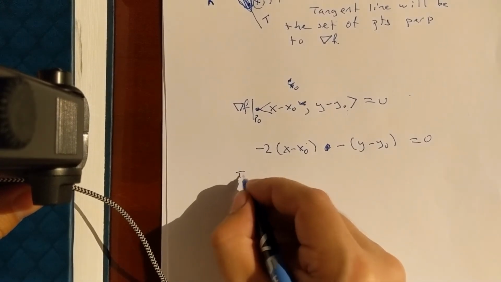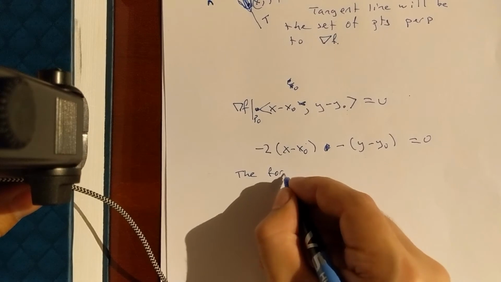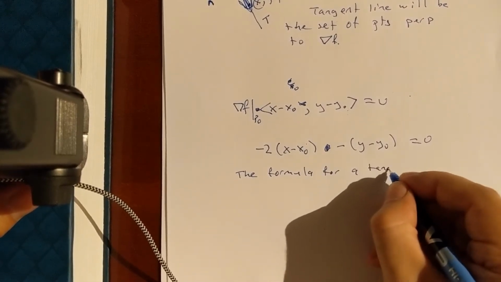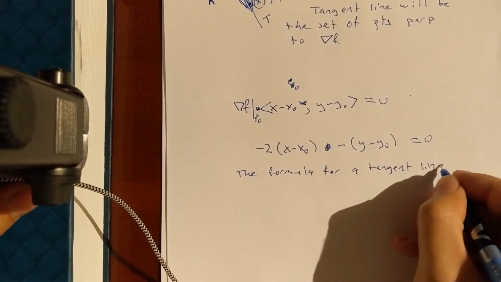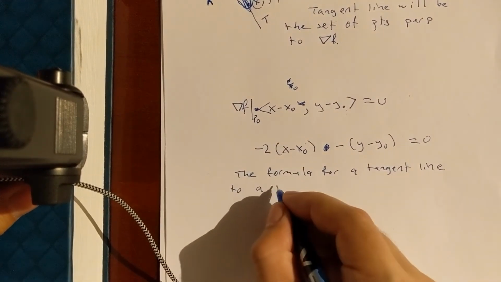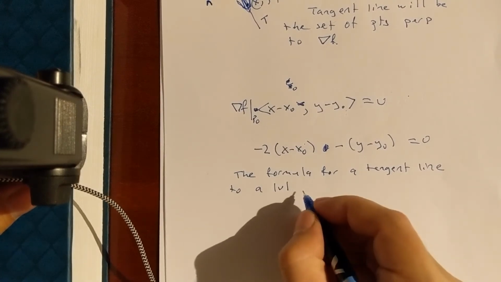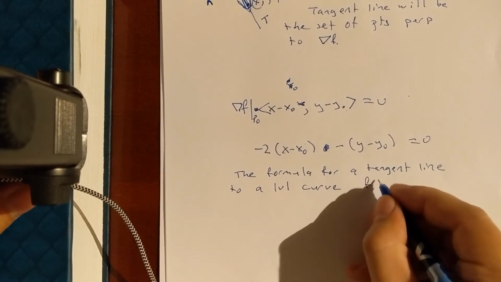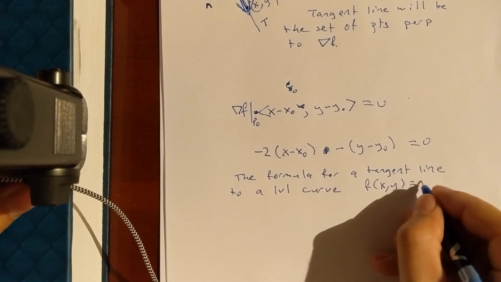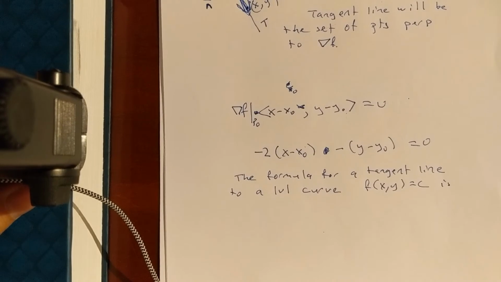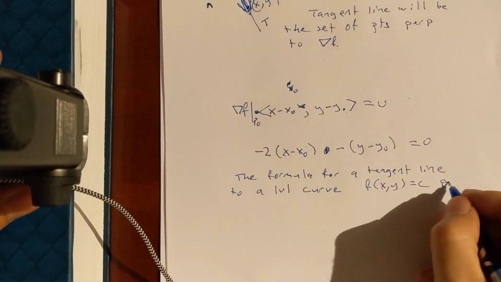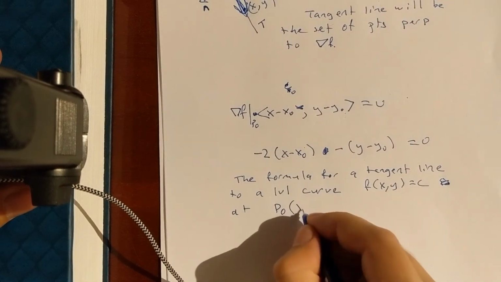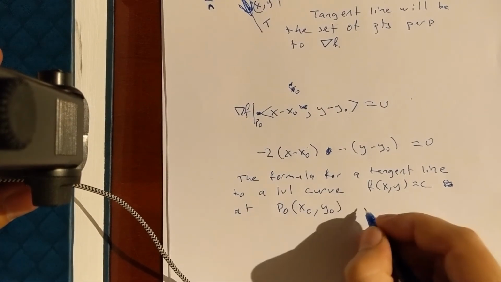So the formula for a tangent line to a level curve f of x, y equals c, given the point P naught equals (x naught, y naught), what is it going to be?